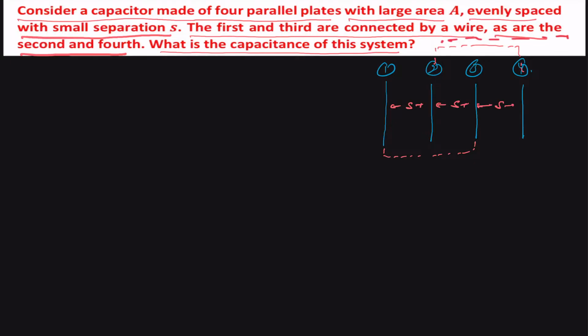So from here we can easily see there are 3 gaps between the plates. So this is gap number 1, gap number 2, and gap number 3. And let us assume that this is our potential at plate number 1, potential at plate number 2, potential at plate number 3, and potential at plate number 4. Later on we can adjust according to their connection.